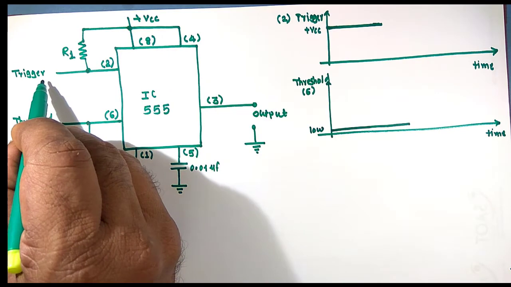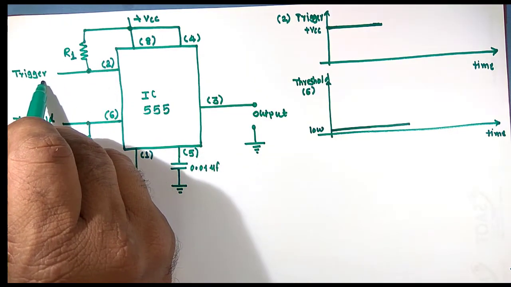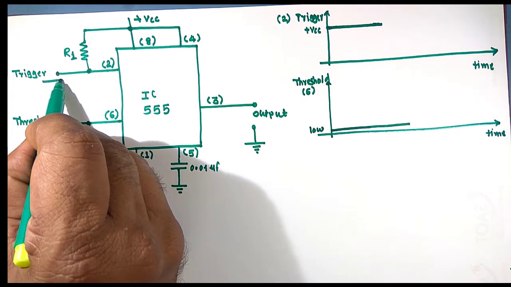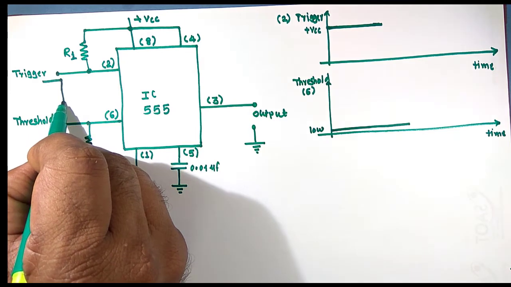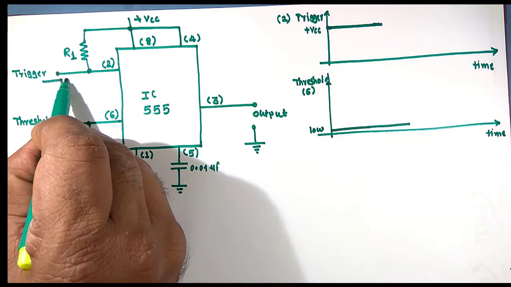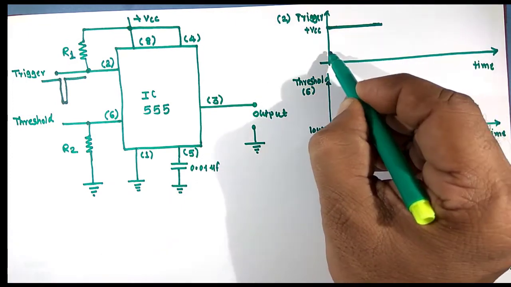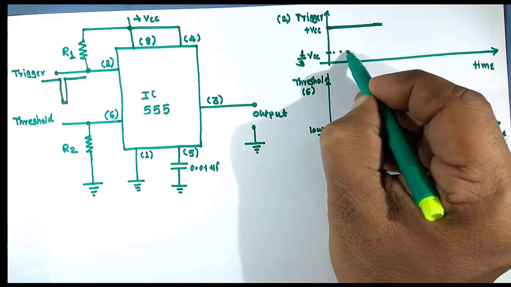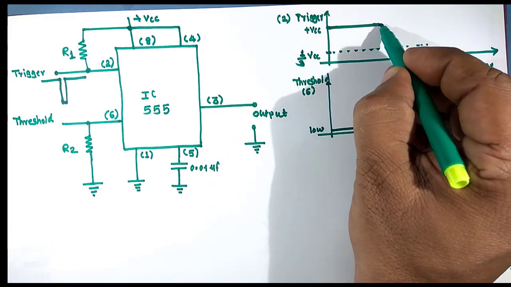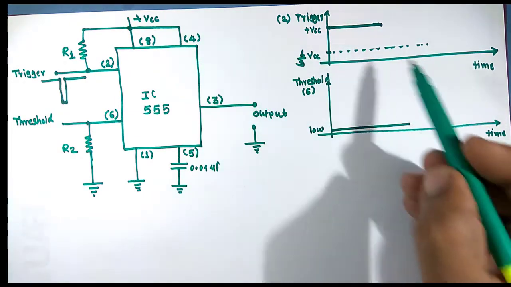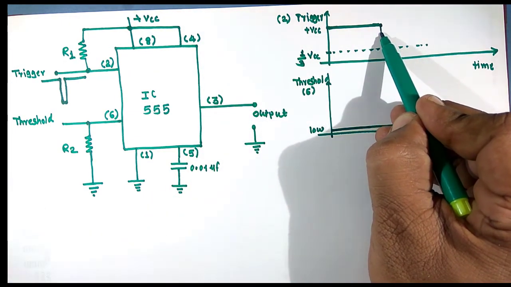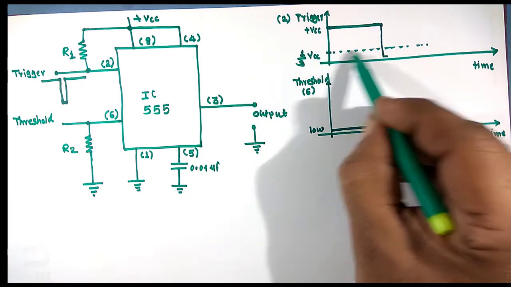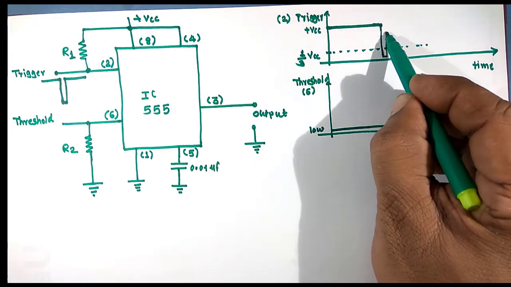When input signal is applied, then voltage applied at trigger input becomes slightly less than 1/3 VCC. As we can say, this is 1/3 VCC. When trigger input signal is to be applied, the voltage present at trigger input is made slightly less than 1/3 VCC for a short time.